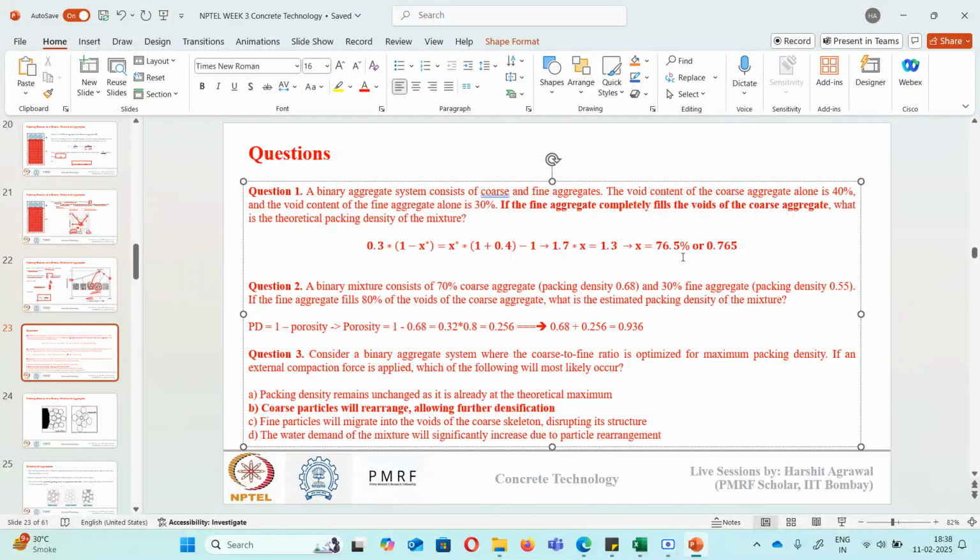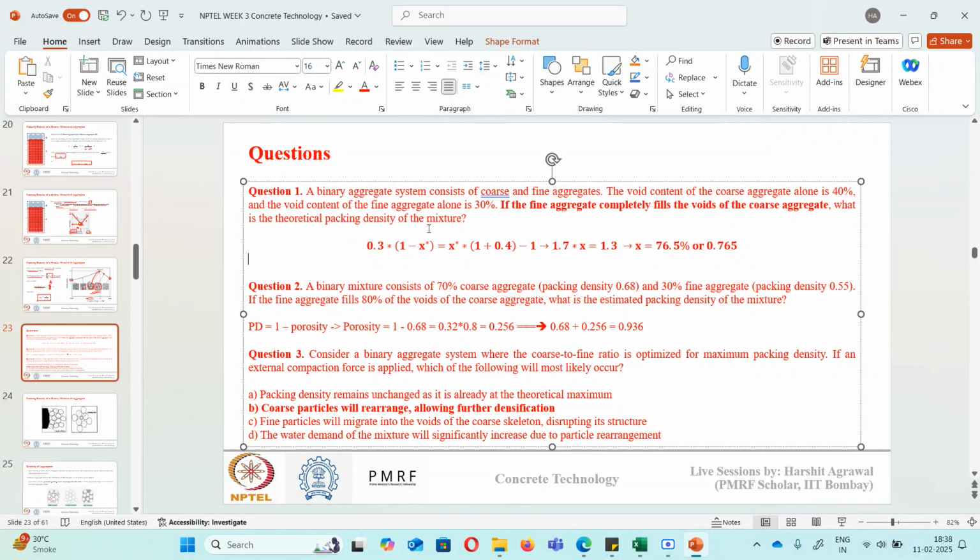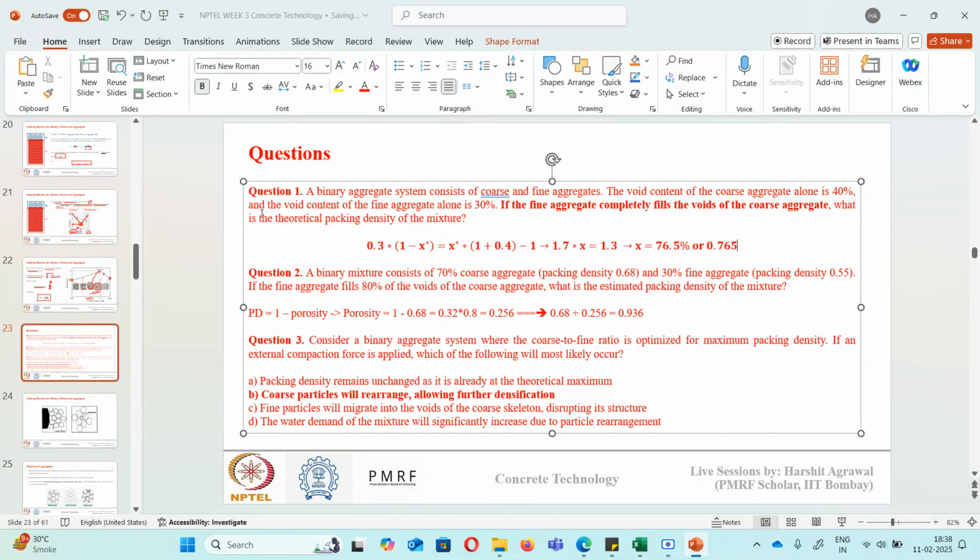Any doubts in these three questions that I have discussed now? For the first two questions, just try to revisit our discussion that we had just now. When you revisit, you will get more clarity on how these questions were solved. It is just the simple application of the concepts and the formulas that we derived.